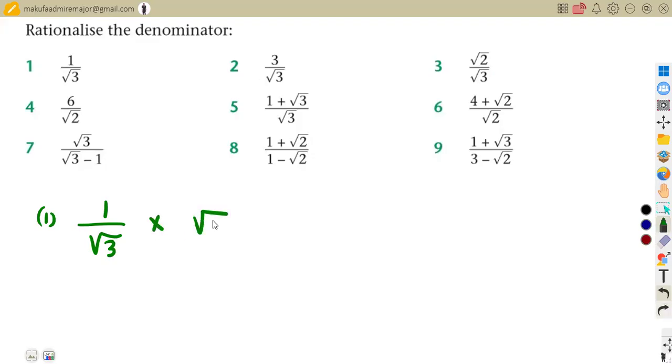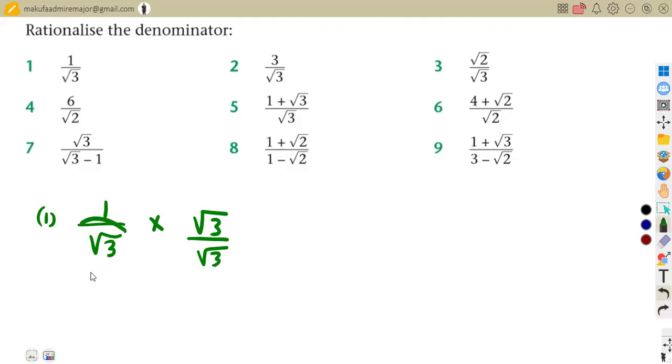That is simply multiplying by 1. It's different from the case where there are two terms, like when we are subtracting or adding.